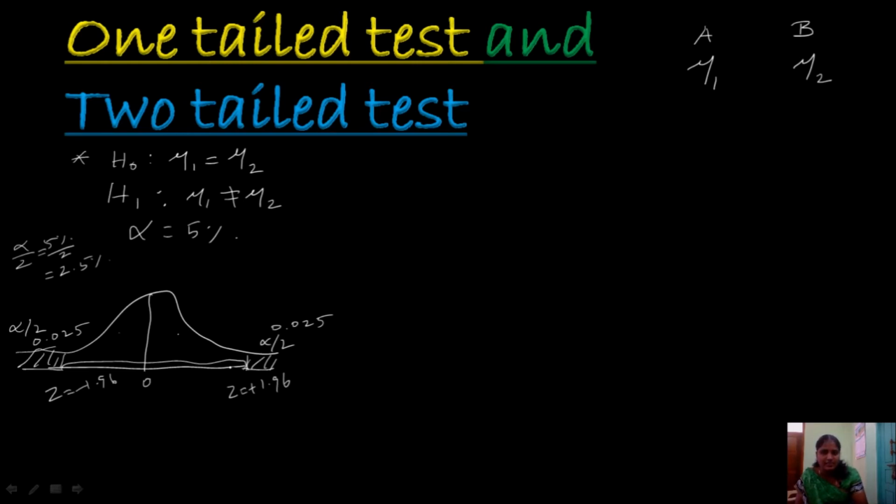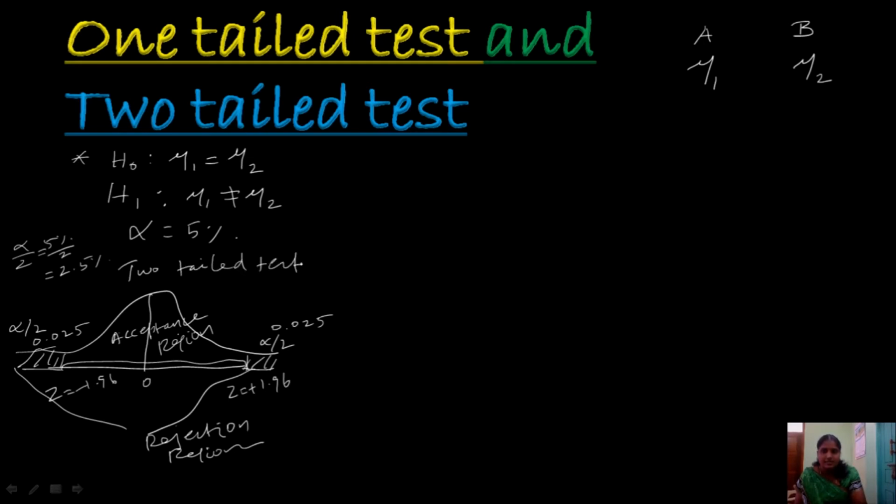This is my acceptance region, whereas these two shaded regions are my rejection region. So this is a two-tailed test. That means the critical region falls in two tails of the normal curve.